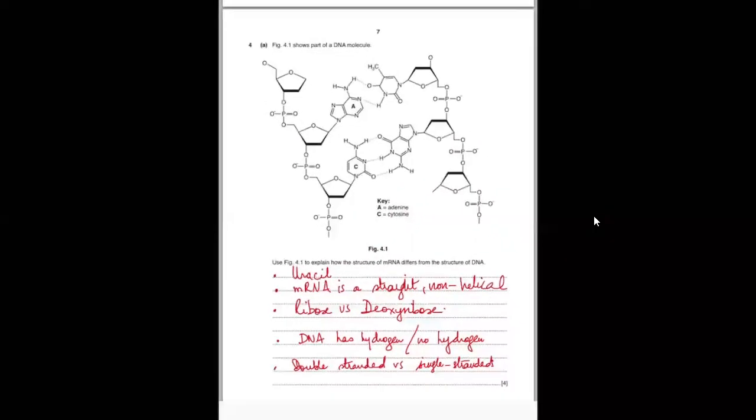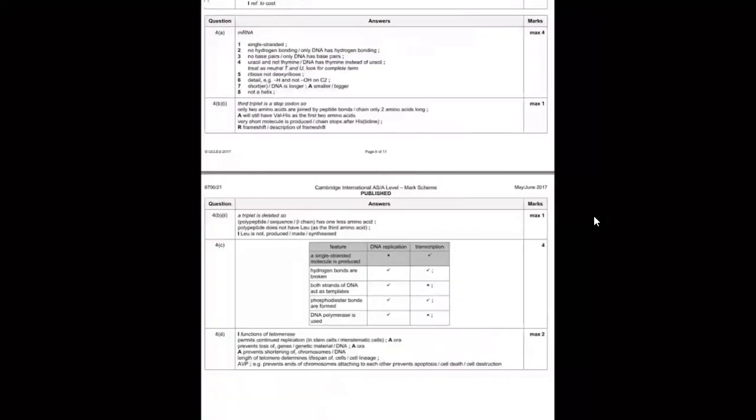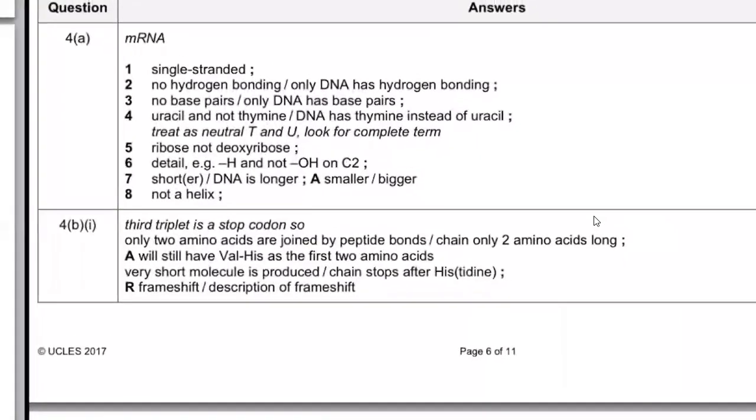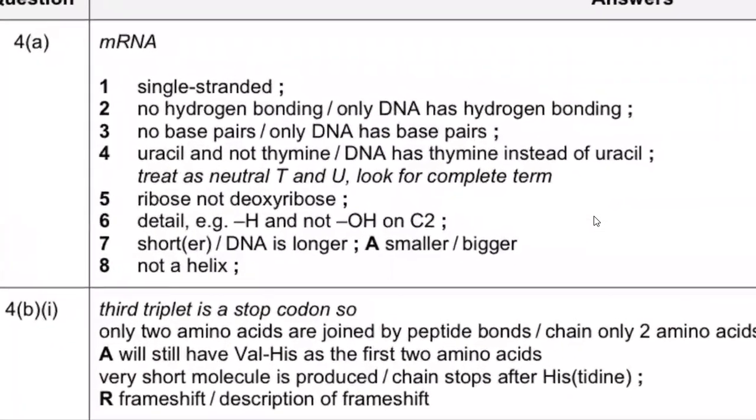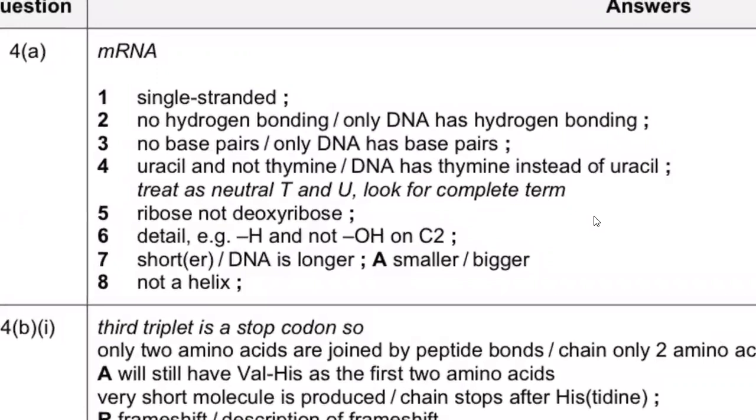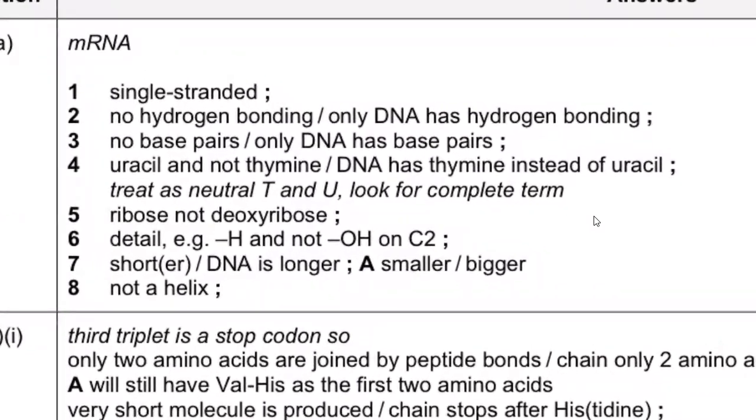Let's look at the mark scheme. Have a look and see if we have missed out anything. We haven't missed out at any point, but these are all the possible points. So you should have a look at this.